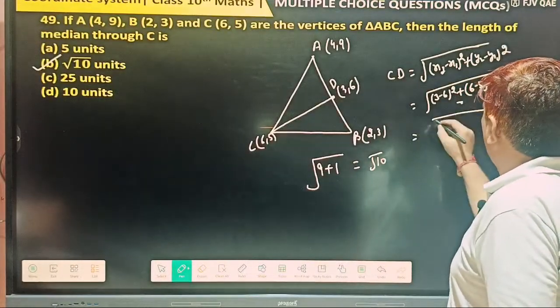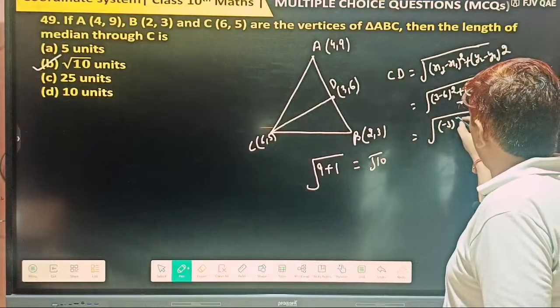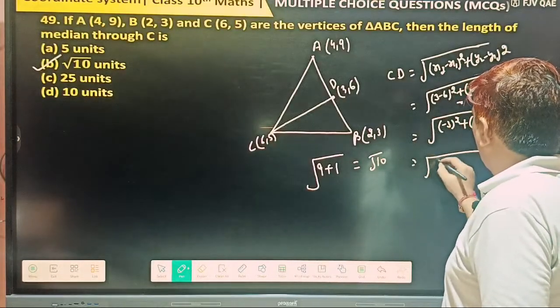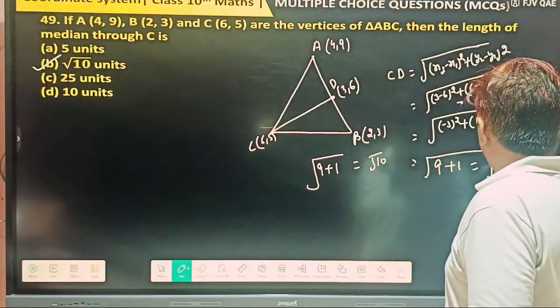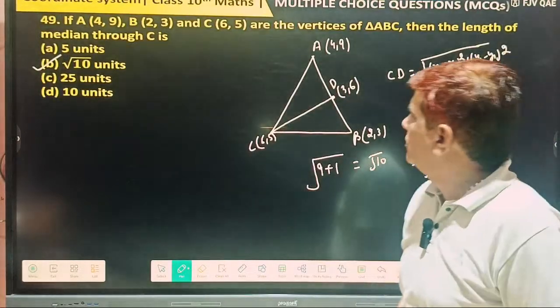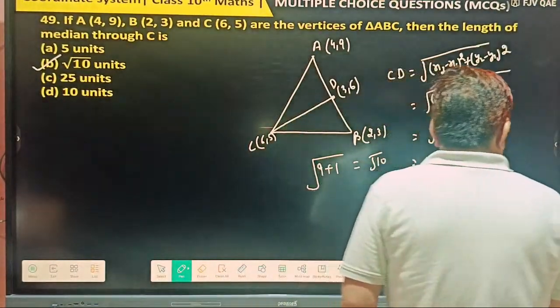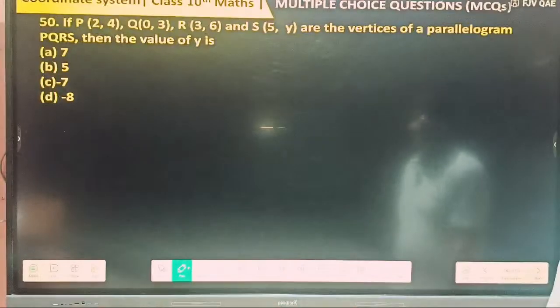This is equal to minus 3 whole square plus 1 whole square. So 9 plus 1, which is under root 10. Already I told you. Got it? Next.